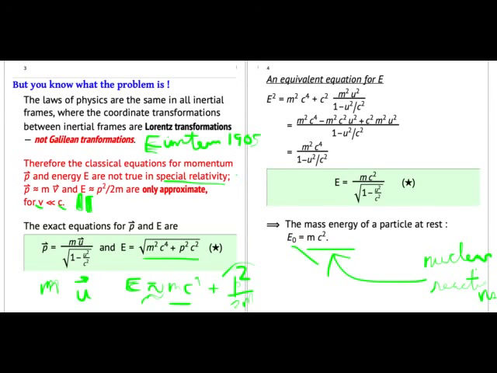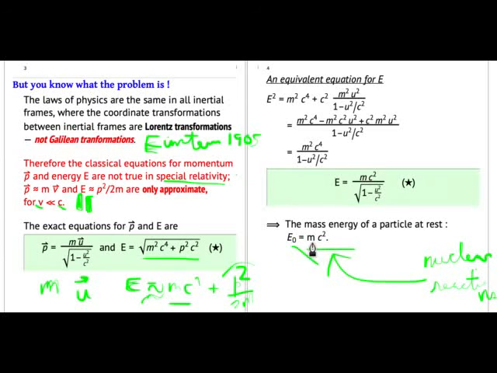The atom bomb was made of uranium. The atom bomb converts some of this mass energy of the uranium atoms into kinetic energy of the results of the reaction. And that's a big explosion.